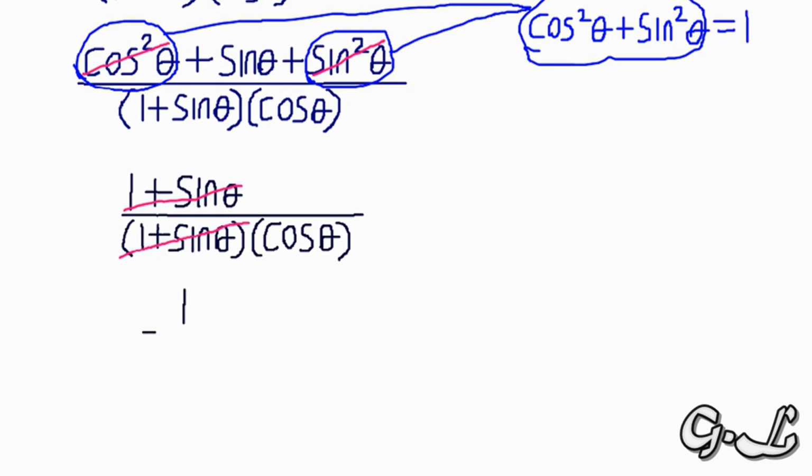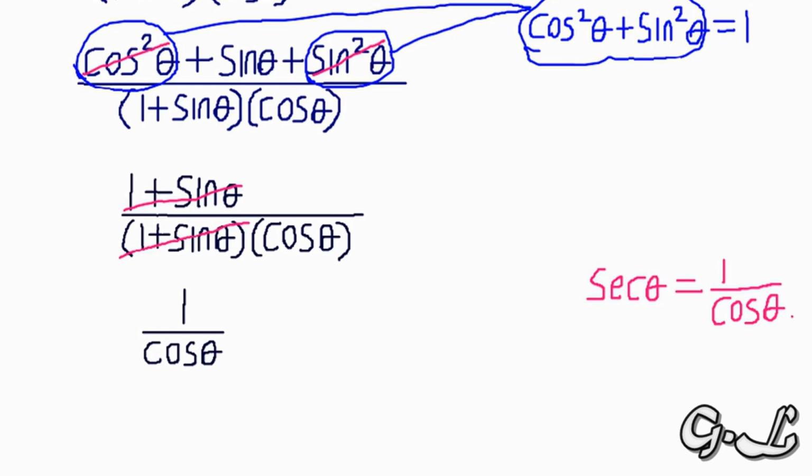So at the stage that we have reached, we're going to consider another identity, which is sec theta. Sec theta is equivalent to 1 over cos theta. That's one thing that you need to keep in mind. And when you check, we have 1 over cos theta, which is equivalent to sec theta.